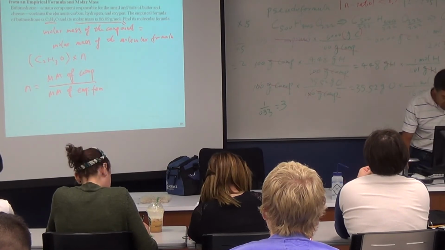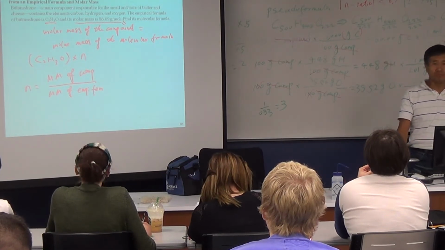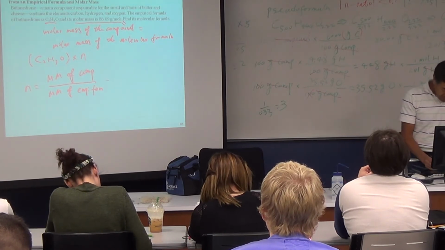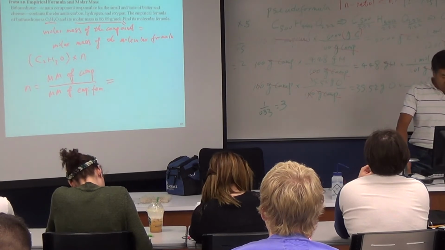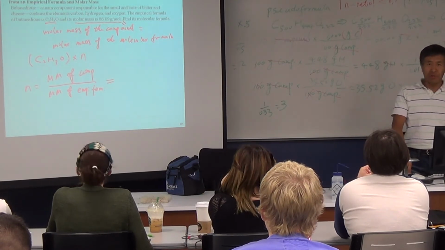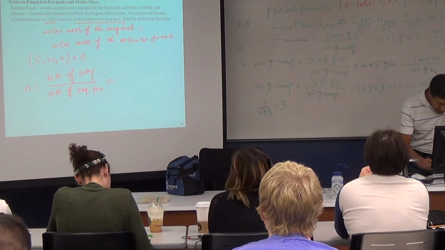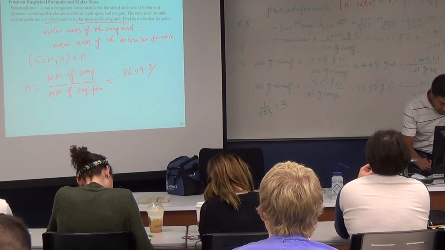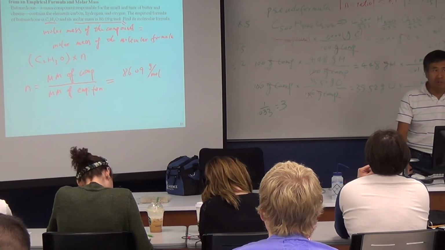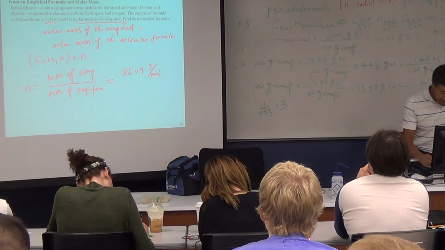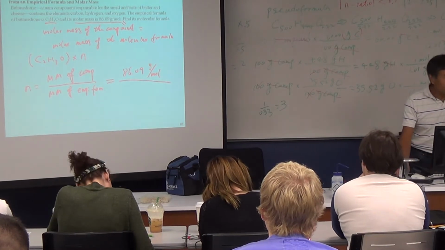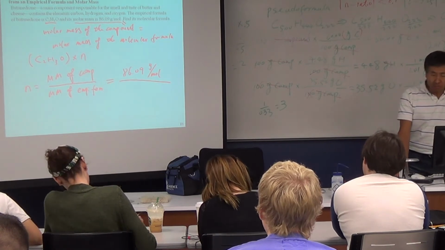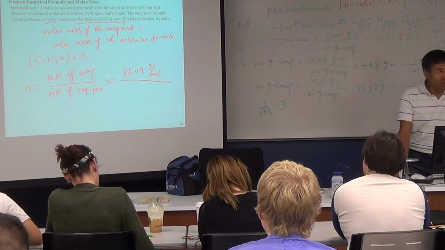Both of these are abbreviations. So now for this problem, what is the molar mass of the compound? I would say it's 86.09 grams per mole. You agree? Okay. So we find the molar mass of the compound from the given problem. Okay. So then divide by the molar mass of the empirical formula.